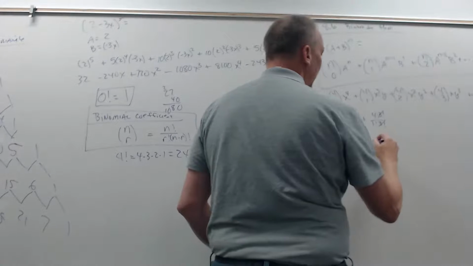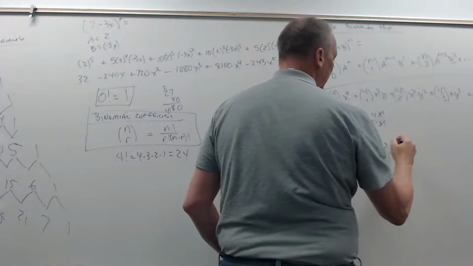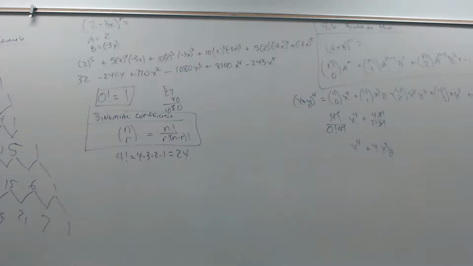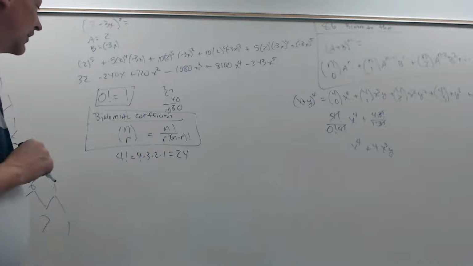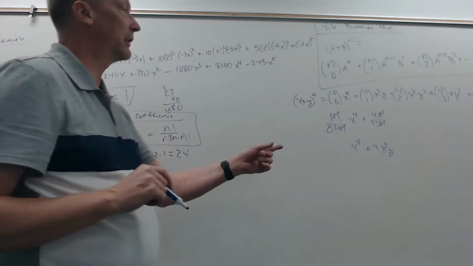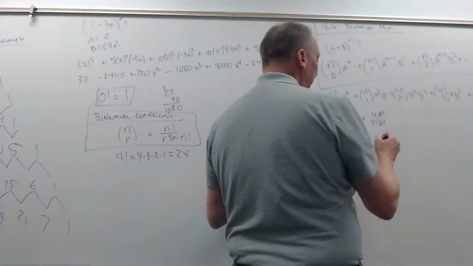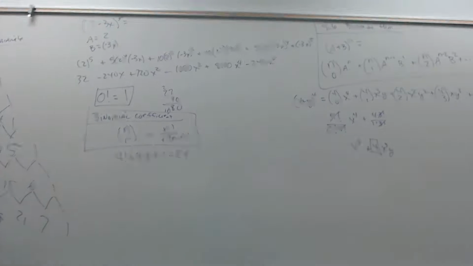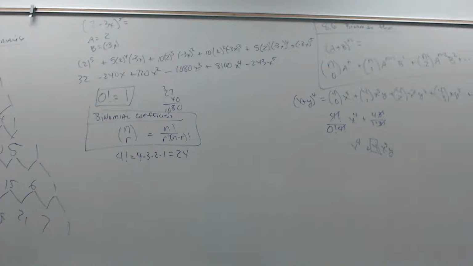So this is 4 times x cubed y. Does that make sense? All we're doing is going crazy with this binomial coefficient. The idea is we're trying to figure out what these coefficients are without doing Pascal's triangle.